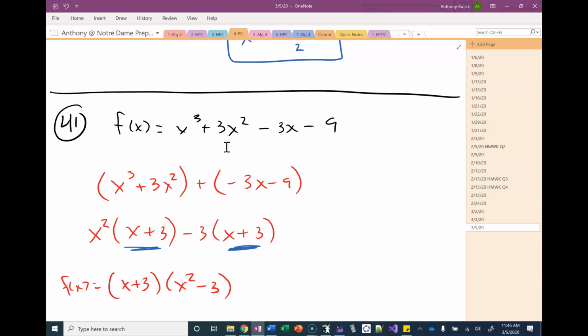But if you can factor it into linear and quadratic pieces, those things we can solve very easily. So we can just stop at that point. We don't have to use the synthetic divisions if you can do that factoring.